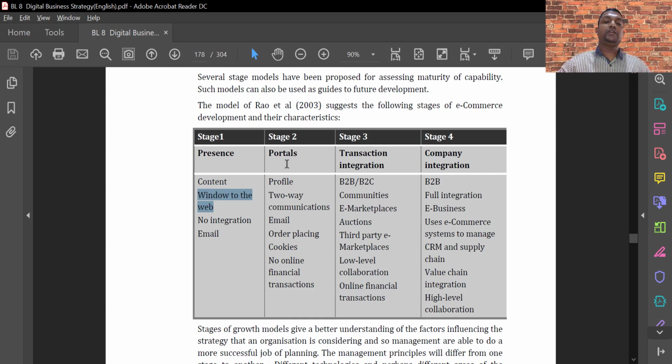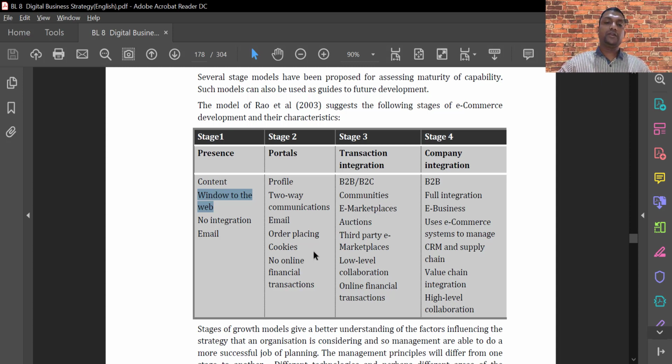Then this can be improved into a portal, right, where profiles can be created, two-way communication, order placing ability is there, but still payments cannot be done. You can do the booking, you can place the orders, and then outside of the portal you can do the payments when you go there.